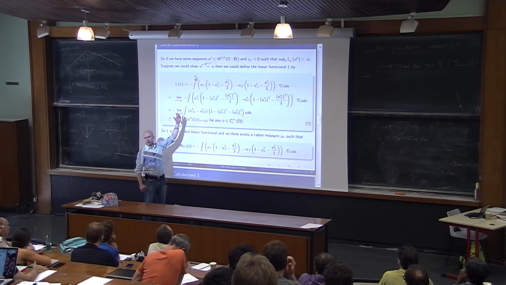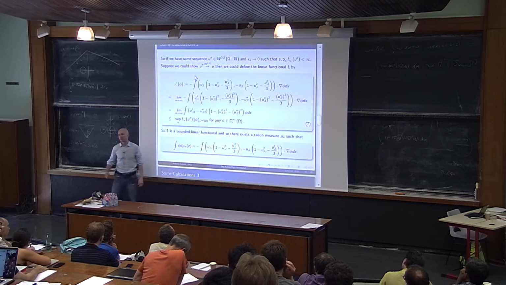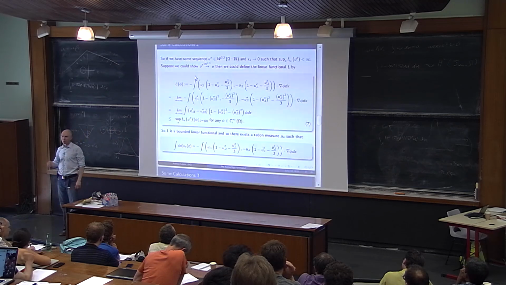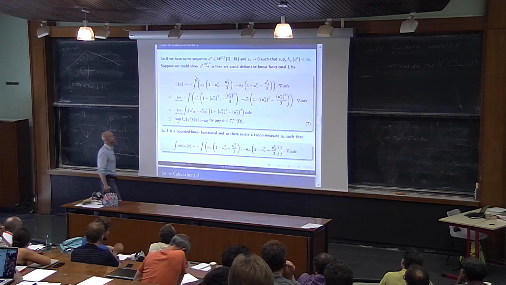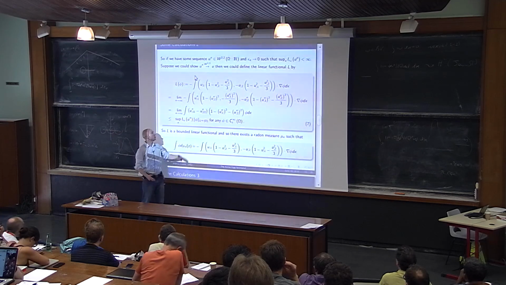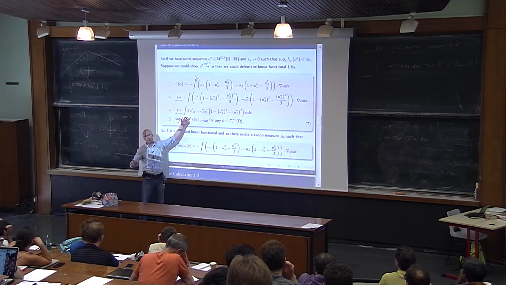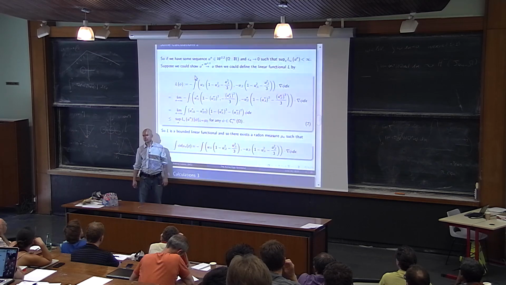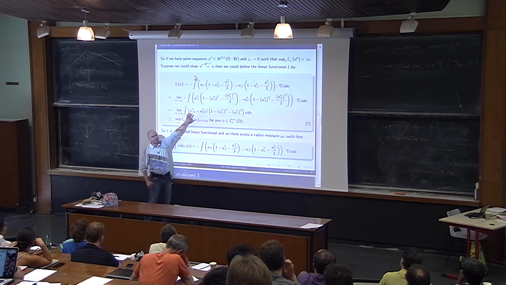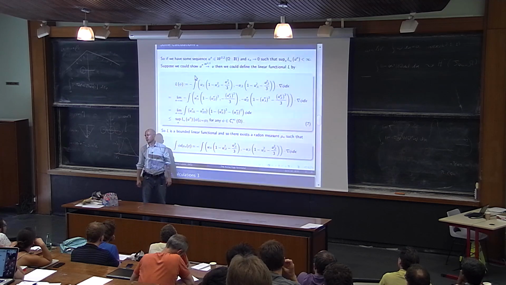But our sequence is in W^{2,2}. So we can actually integrate by parts, and it's got compact support, so we're just going to get this nice expression. This is just the divergence calculation that we did before. And cool, because this thing is uniformly bounded by our energy.